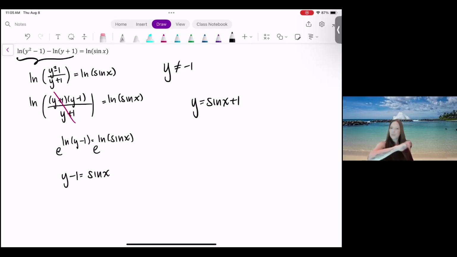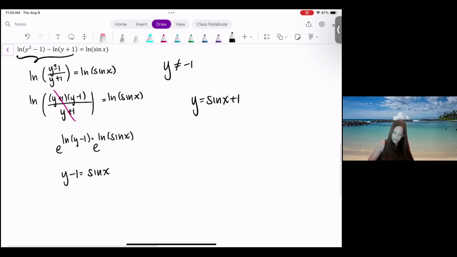And just to be sure, I'm going to go ahead and substitute this back into my equation and make sure it actually works. I then have natural log of ((sine x plus 1) squared minus 1) minus natural log of (sine x plus 1) equals natural log sine x.